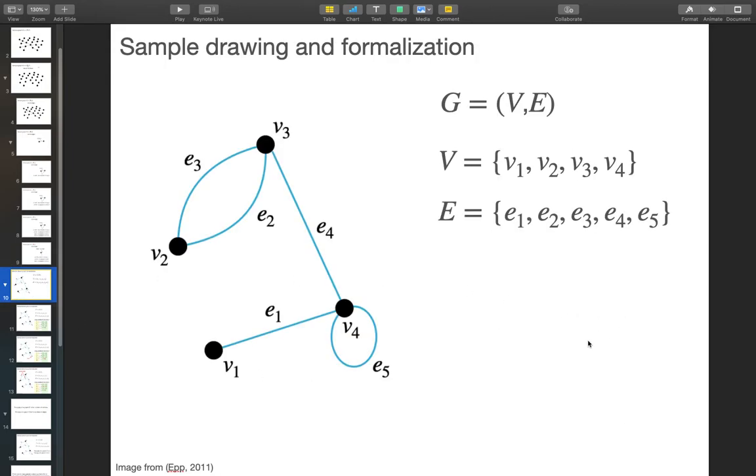So here we have a sample drawing and formalization of a graph. Ano ba nangyari dito? Well, nililista lang natin no, yung mga labels ng mga vertices and edges dun sa tamang set.